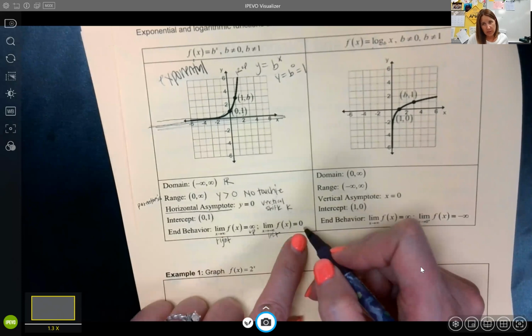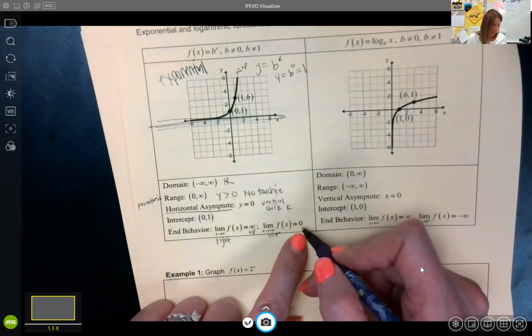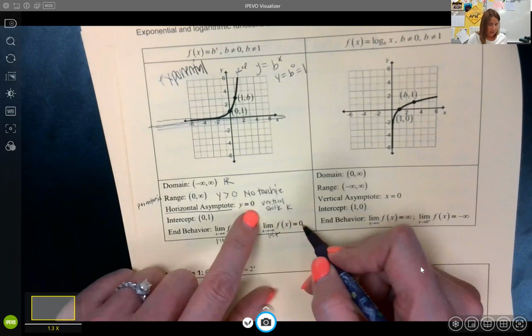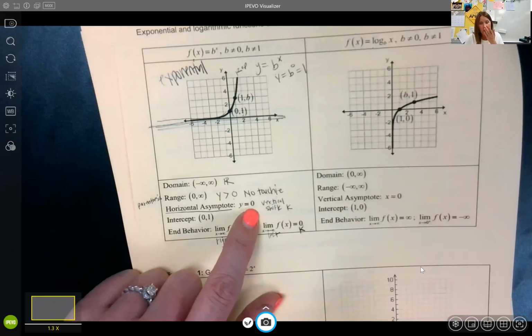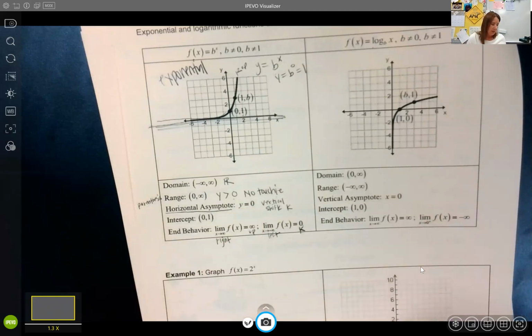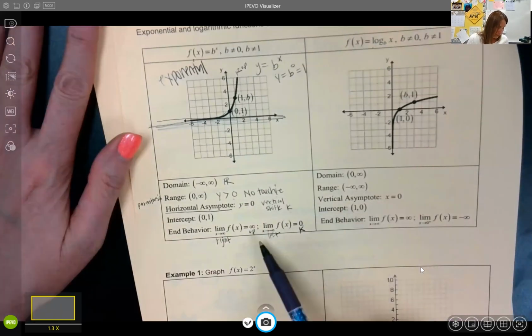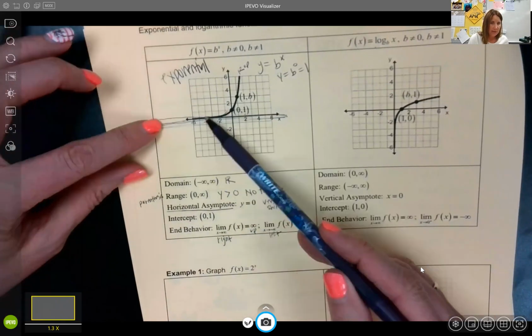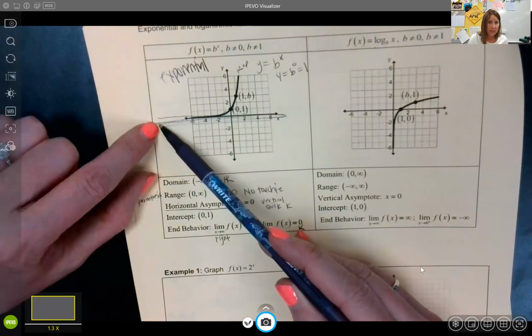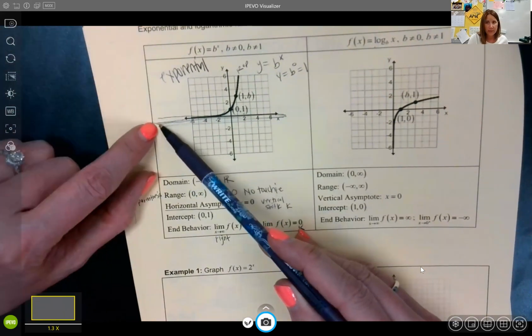Now, we don't always put a 0 here. We're always going to match this number with this number, so this is the same thing as k. On the left side, as I go towards negative infinity, my graph is going to approach this horizontal asymptote, which we call k.